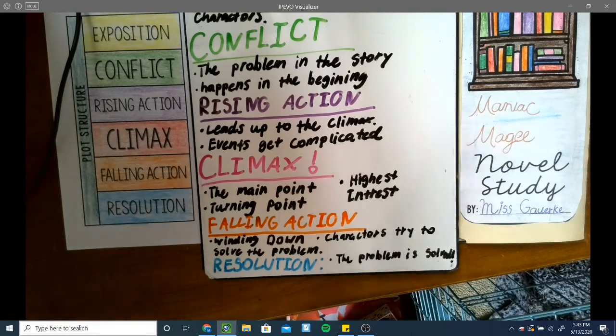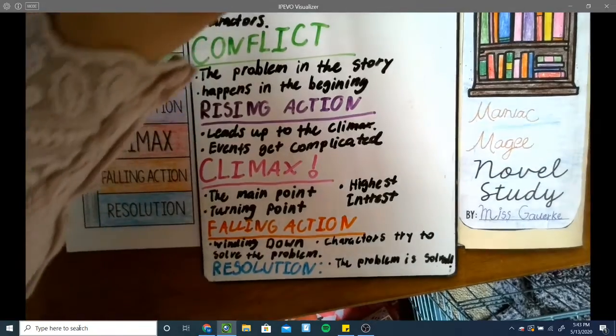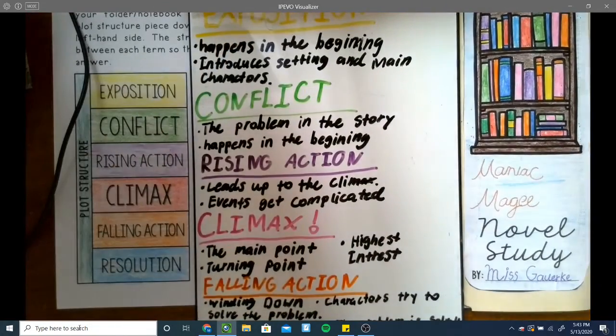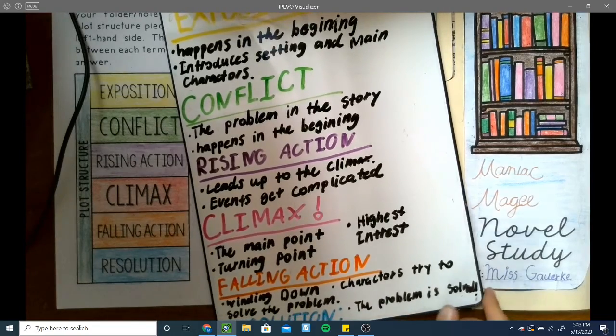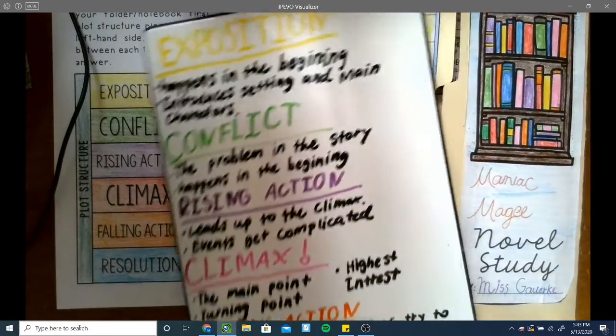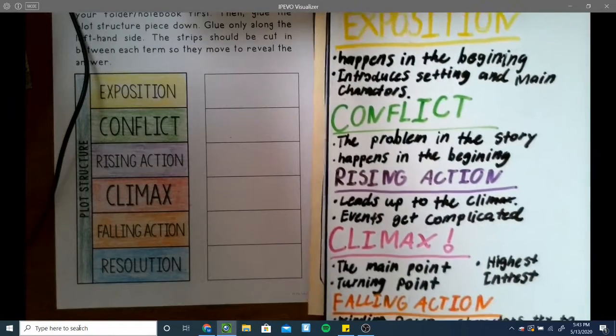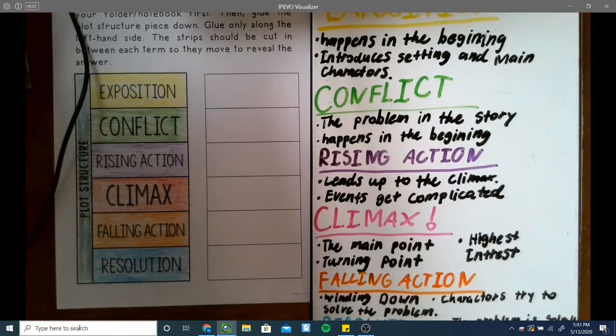All right, so now that you know what all of these lovely plot structure points are, you can start to fill in a few things for Maniac Magee. And make sure to write in complete sentences, my friends.